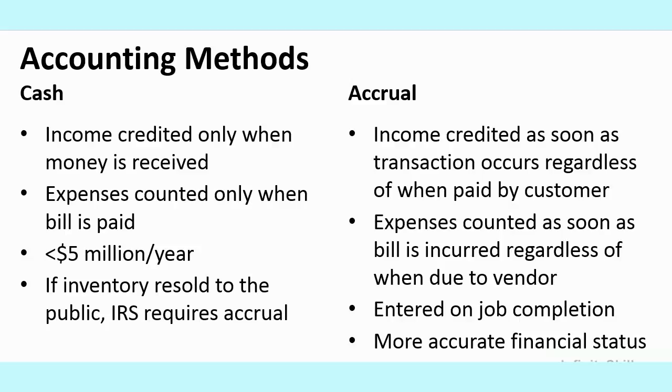Because it's very easy to feel good if you have $50,000 in the bank. But that's not really an accurate view of the company's viability if you have $50,000 in the bank, but you actually owe $100,000 in debt that you haven't paid for yet. By using the accrual method, it would accurately show that this debt existed, even though it had not been paid yet.